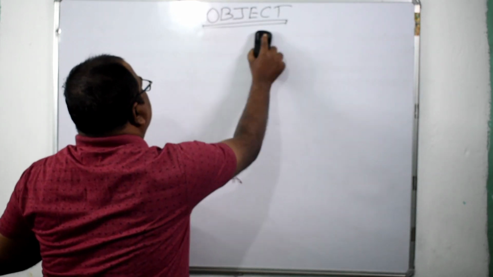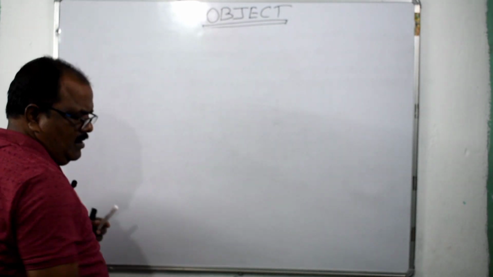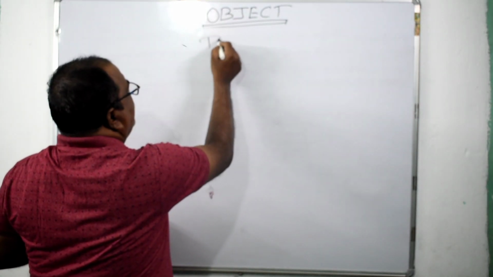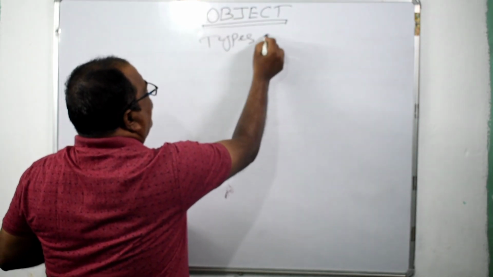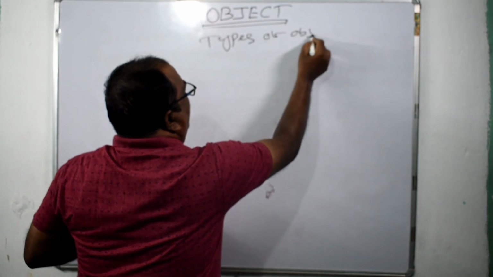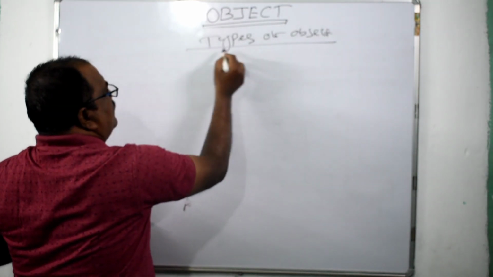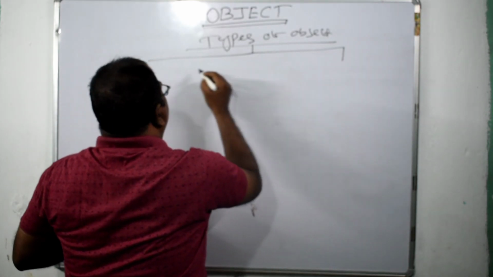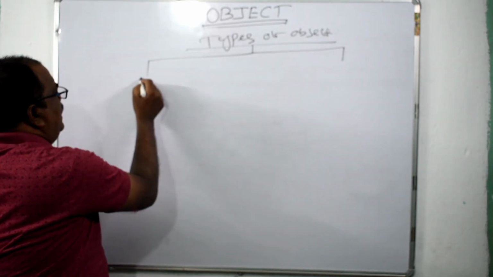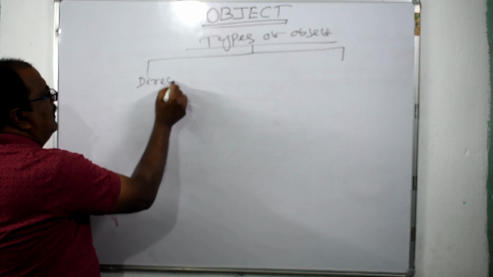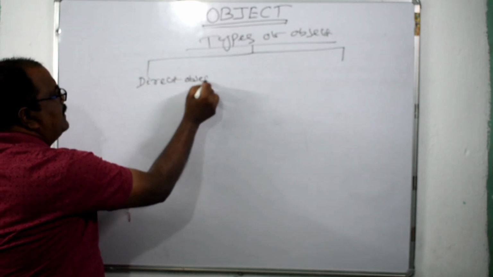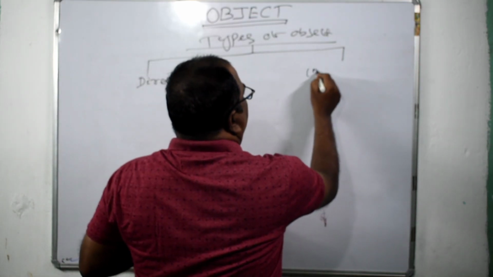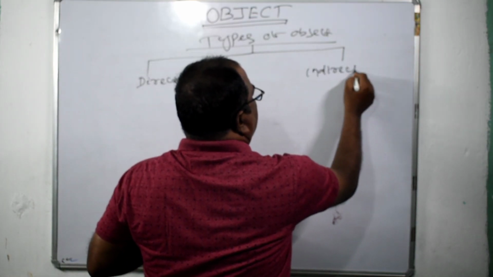We will discuss them one by one. Types of object. There are two types of objects: direct object and indirect object.